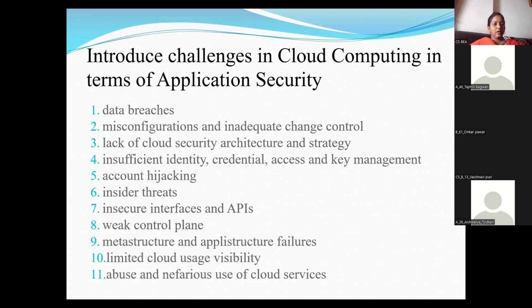So the CSP, cloud service provider, must ensure the security is integrated and the customers must be diligent in managing, monitoring, and securely using what the CSA calls the front door of the cloud.